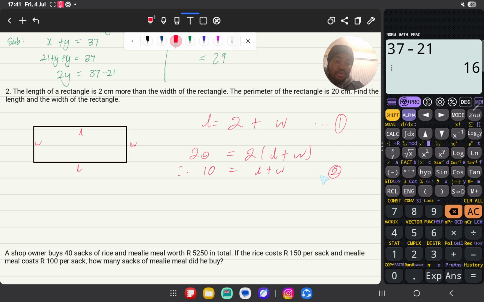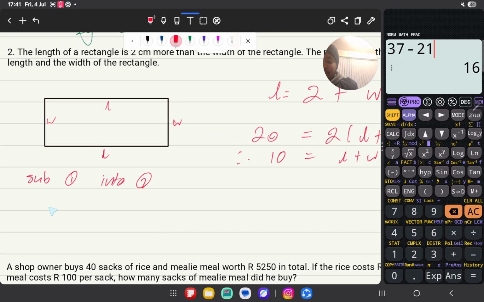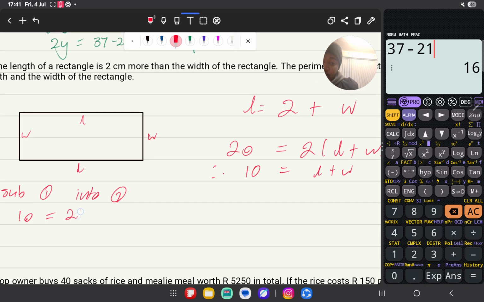And now I'm going to substitute 1 into 2, so sub 1 into 2, right? So when I sub, I have 10 equals length. What is your length? Your length is 2 plus w. Then I have plus w, right?